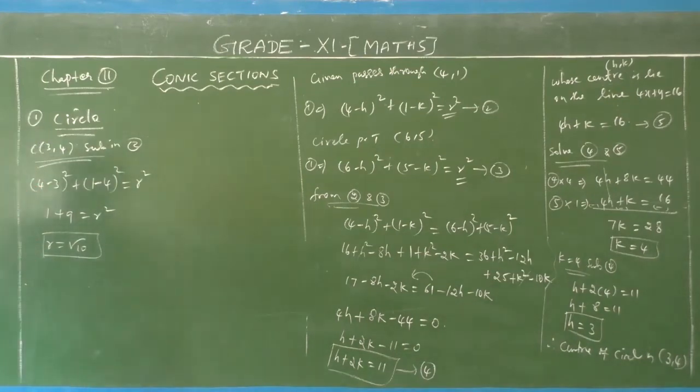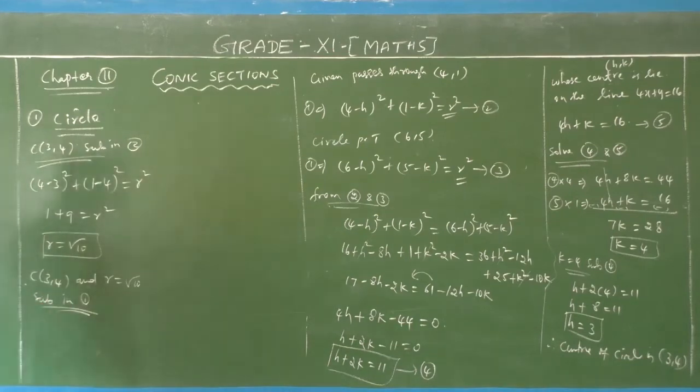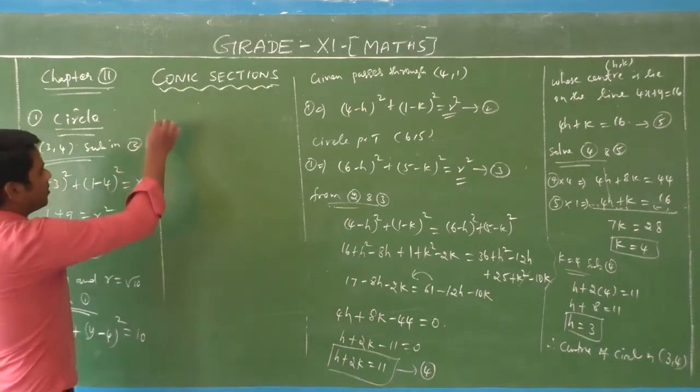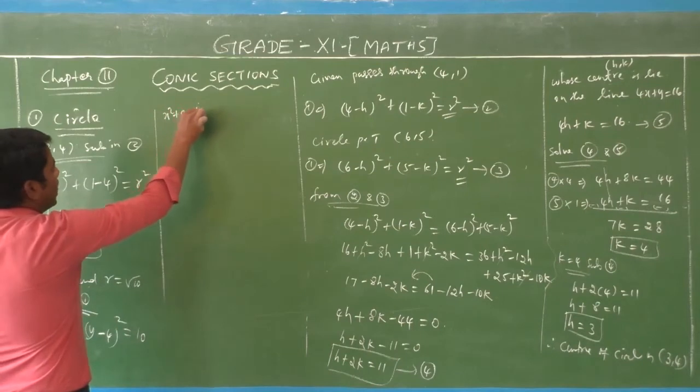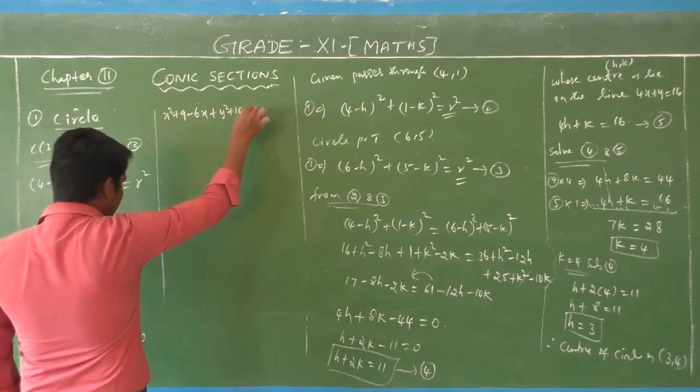Right. Here the center is (3, 4) and the radius r is root 10. Substitute in equation number 1: (x minus h) whole square plus (y minus k) whole square. So x minus h is x minus 3 whole square plus (y minus 4) whole square equals r square, and root 10 whole square is 10. Simplify: (x minus 3) whole square is x square plus 9 minus 6x. (y minus 4) whole square is y square plus 16 minus 8y.